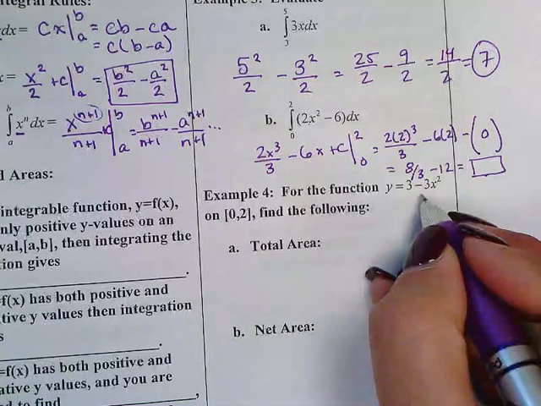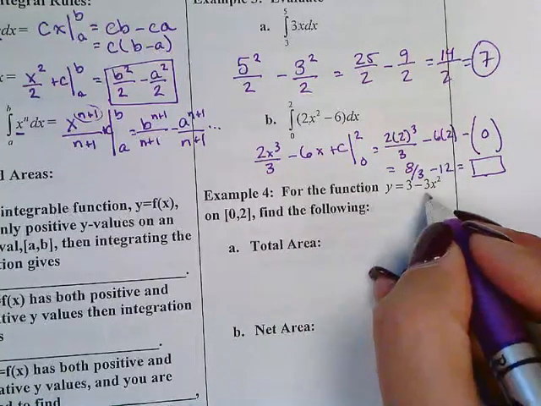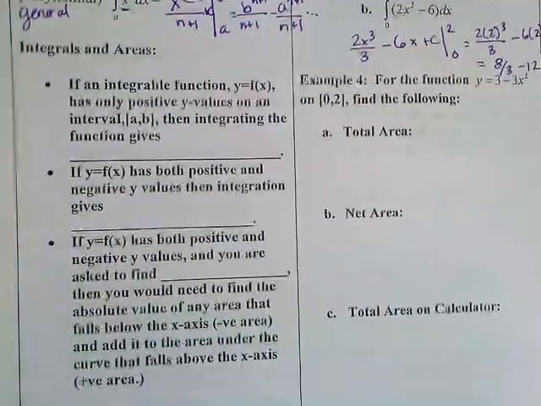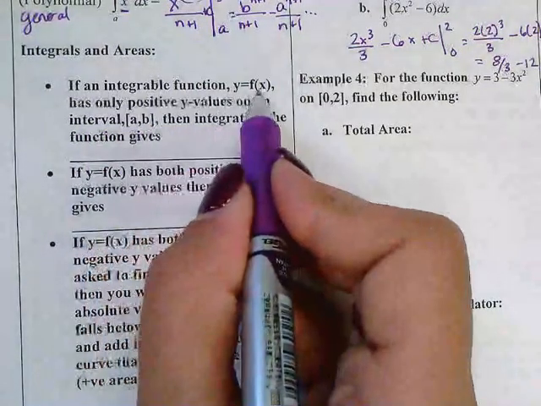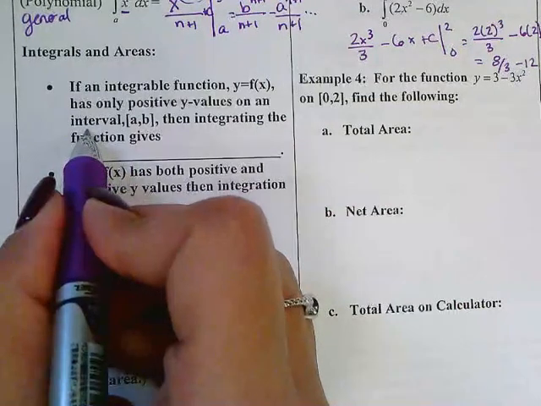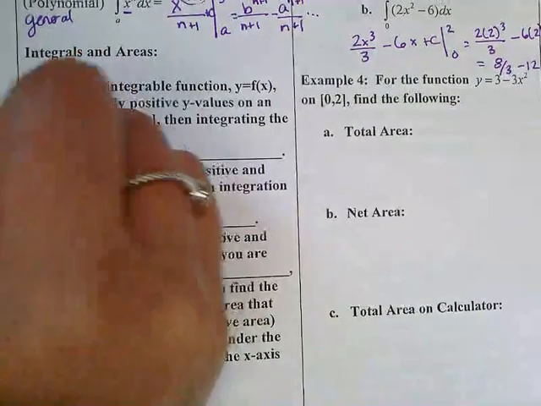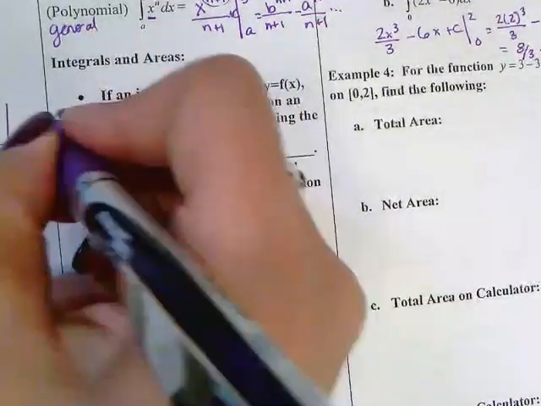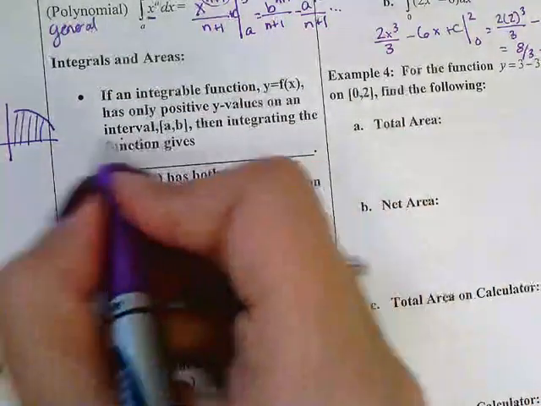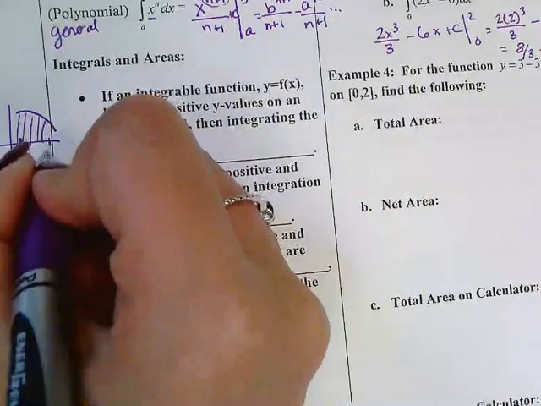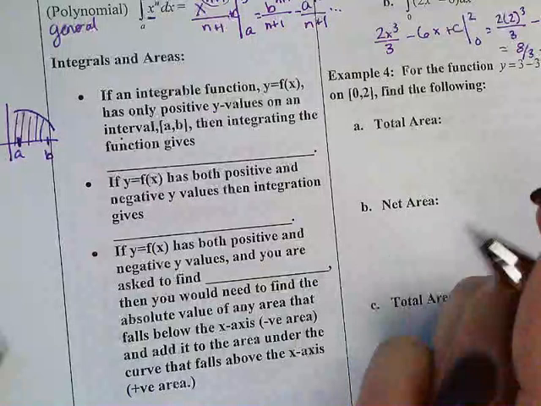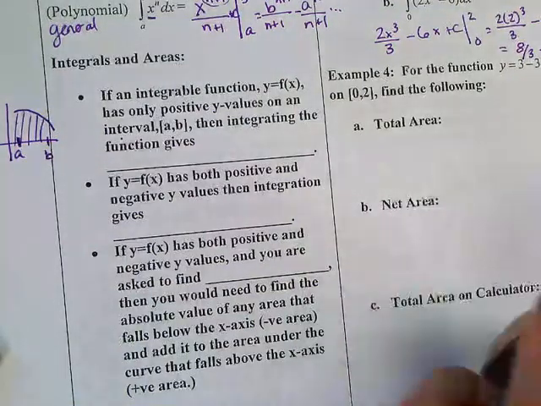Alright, so for the function y equals 3 minus 3x. Actually, let's do the integral and areas definitions first. So, if an integrable function, y equals f of x, has only positive y values on the interval, so if it's strictly a function that is in the positive y values, okay, so above, on the interval from a to b, then integrating the function gives the area only.